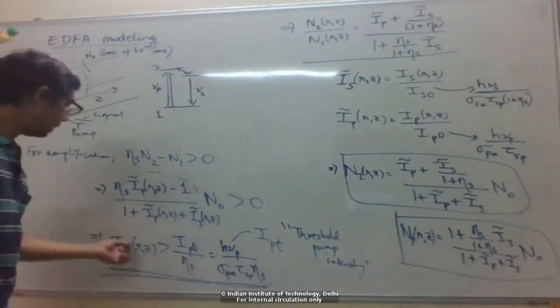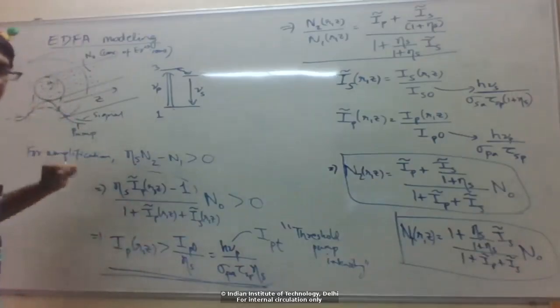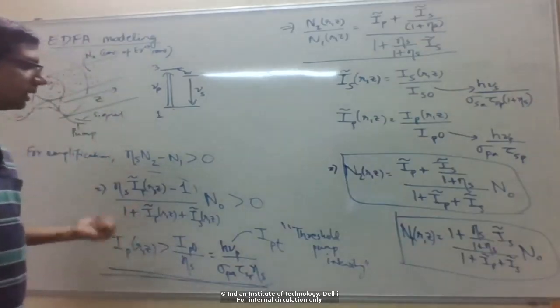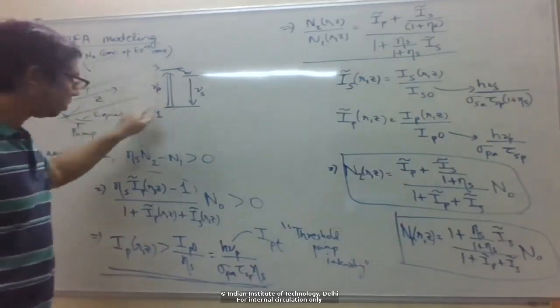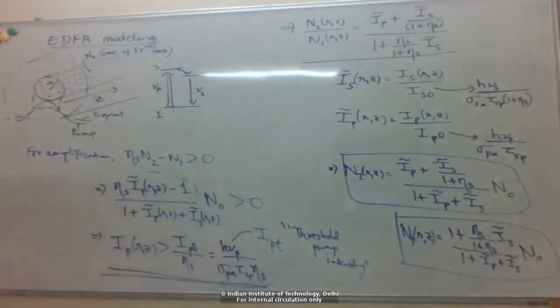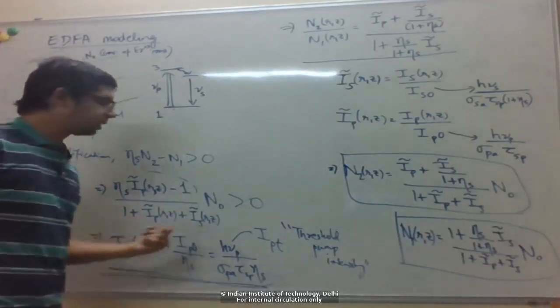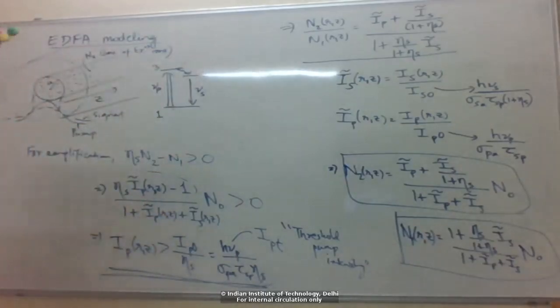Okay, and now again, in general, the pump intensity will be a function of the radial coordinate because of the mode profile, and the longitudinal coordinate because, as you know, as the pump travels, it is actually getting absorbed, right? So the pump intensity is not constant with propagation, right? So this gain condition might be satisfied in some parts of the fiber, but not in other parts, right?